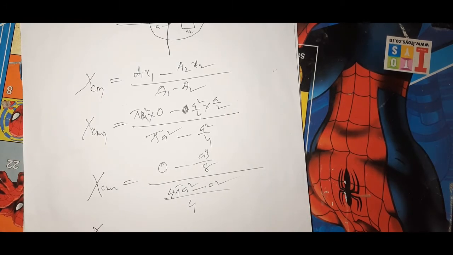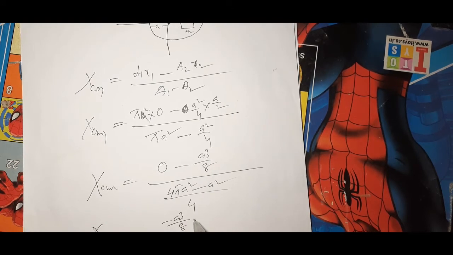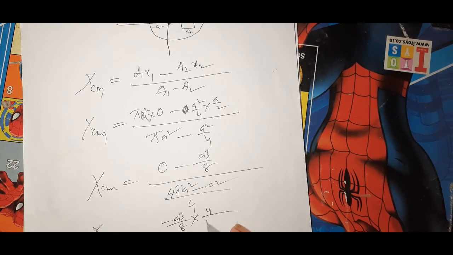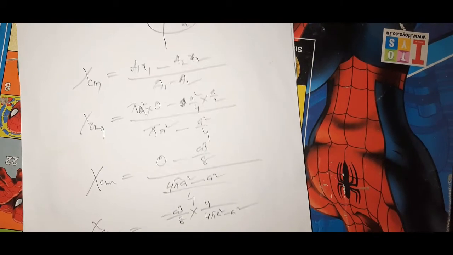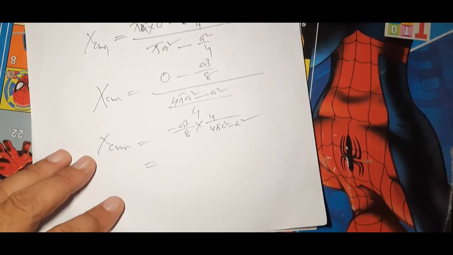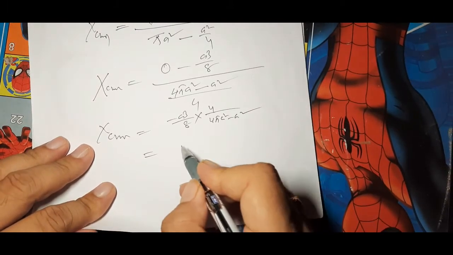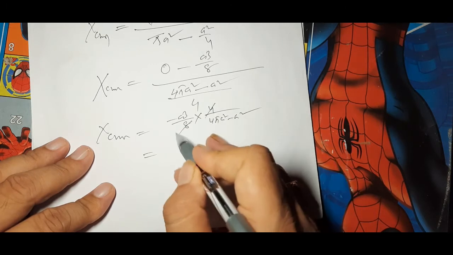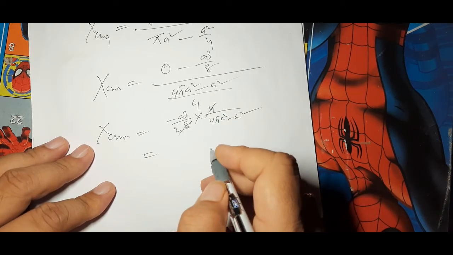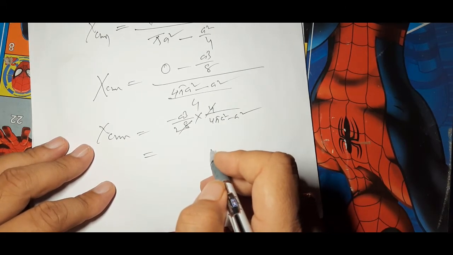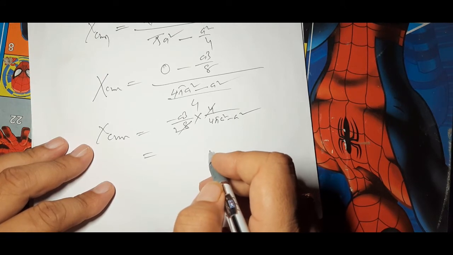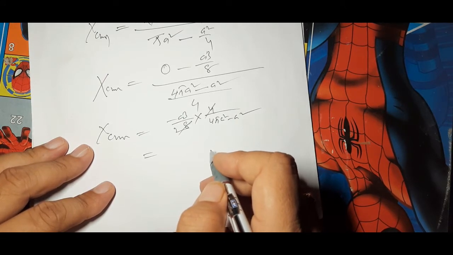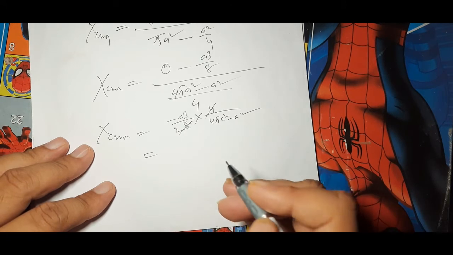So XCM is equal to minus A cube by 8 over 4 pi A square minus A square. So what we get here is the final answer.